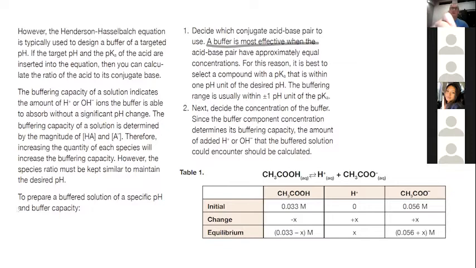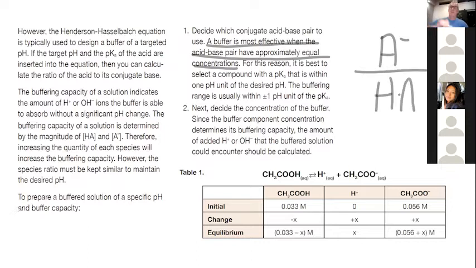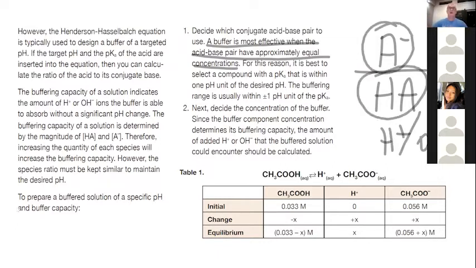And it makes the point I've just made, that you want approximately equal concentrations of both A minus and HA, because you want to be able to absorb both acid and base. Well, when you have approximately equal concentrations of conjugate base and acid, the pH is going to be the pKa.